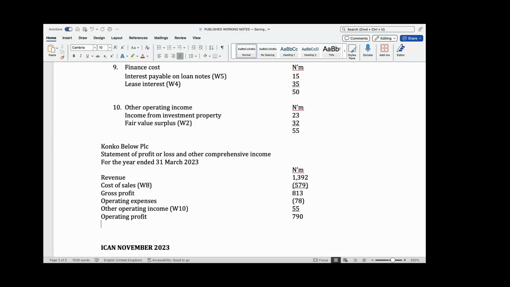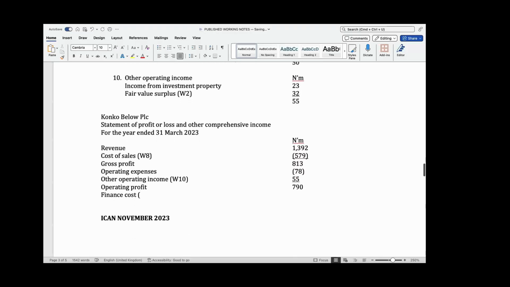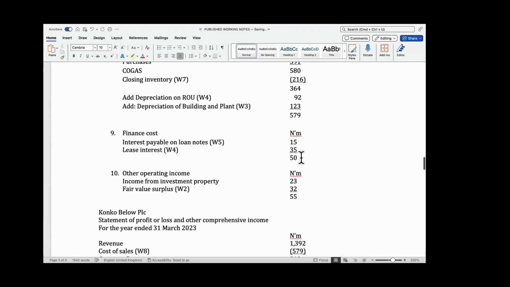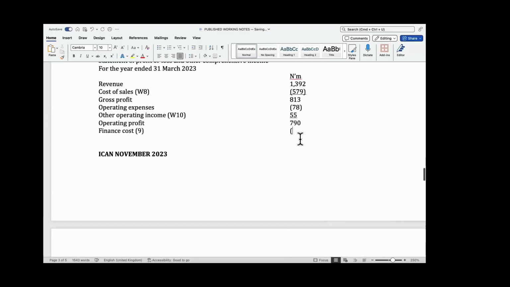Okay. Then I'll have my finance costs from workings 9, which is how much? Which is 50. Then that gives me my profit before tax of 740.